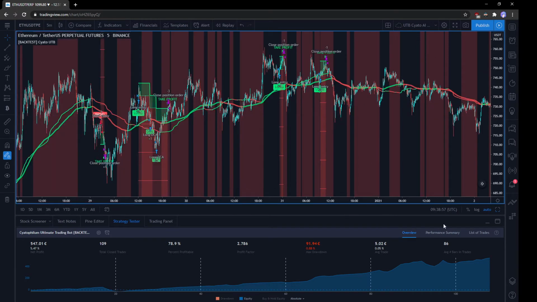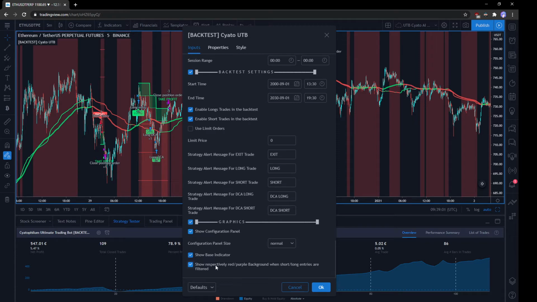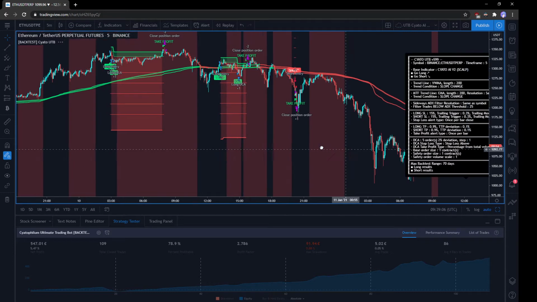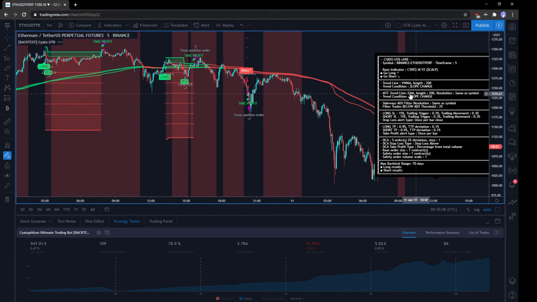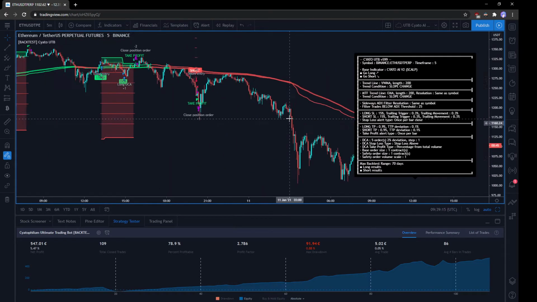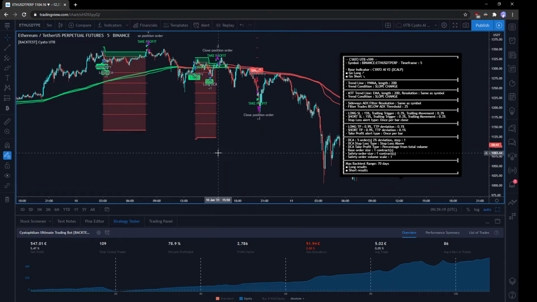Maybe turn off the red background. So of course you could use another kind of trend line if you want. But I'm not going to spend too much time fine-tuning this one. I just wanted to show the process of creating a scalping strategy like this with safety orders.